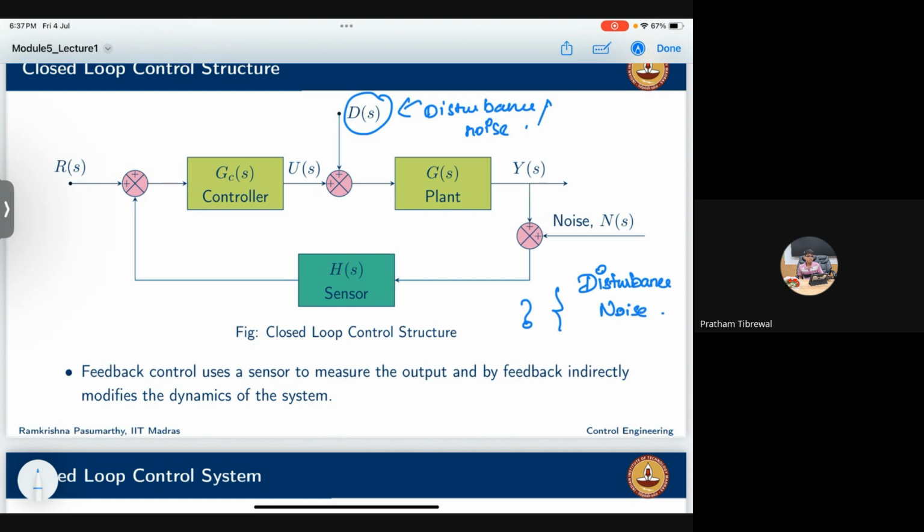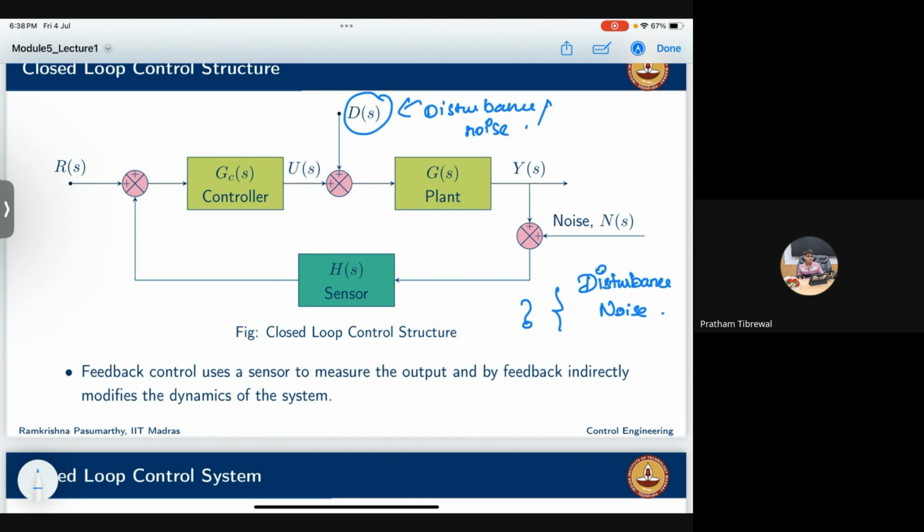If I'm giving a perturbation to the system, that is disturbance, and noise is at the output, if I'm getting any other waves, like vibrating or something other than my solution, that's called noise.